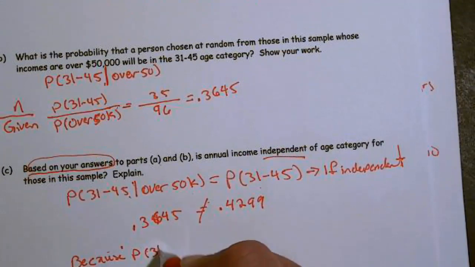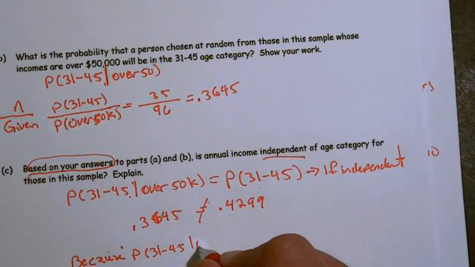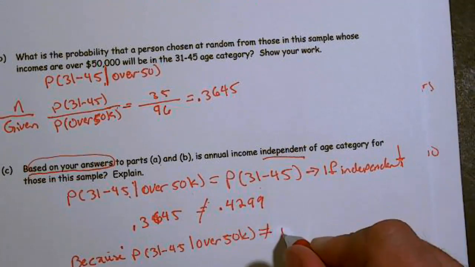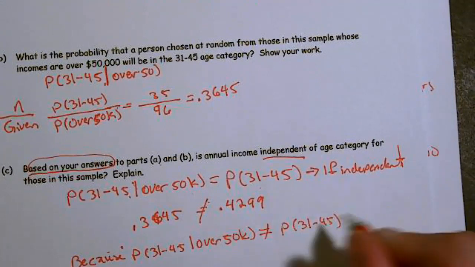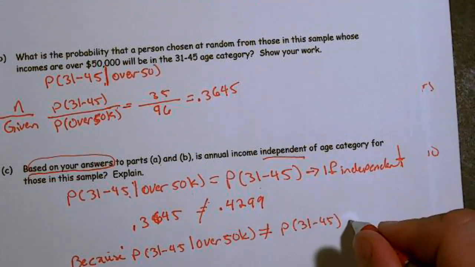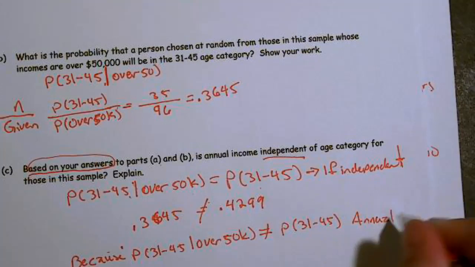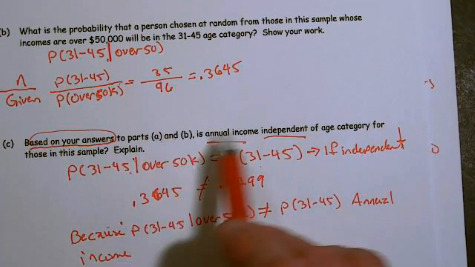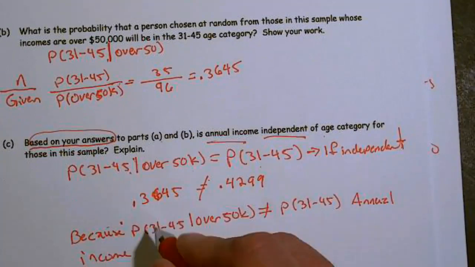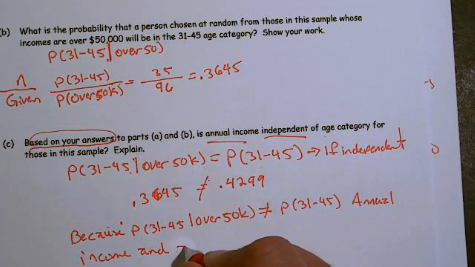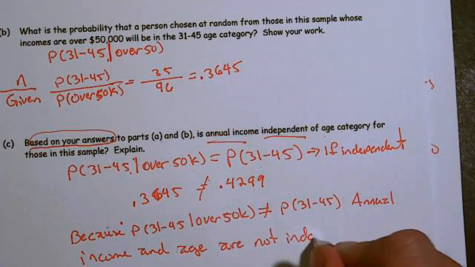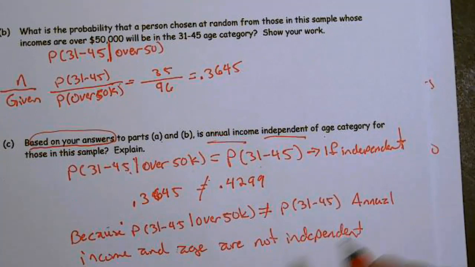So because we know they're not equal, because the probability of 31 to 45 given over 50K does not equal the probability of 31 to 45, annual income, which is what we're looking at, and age are not independent, right?